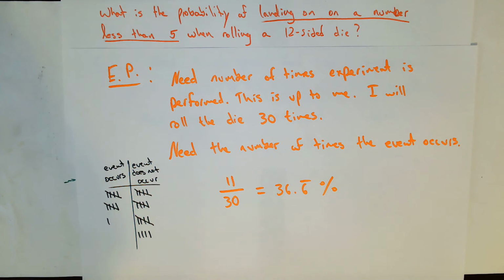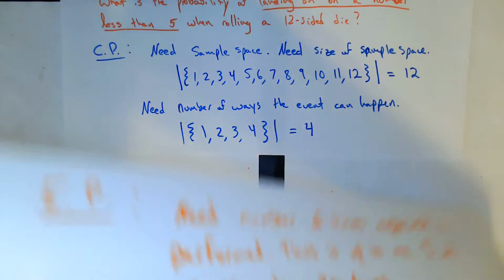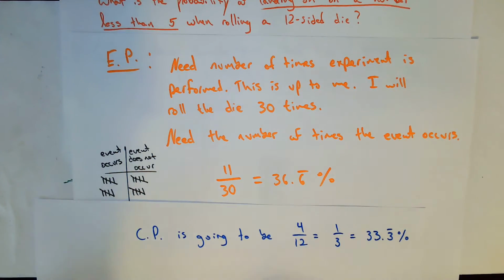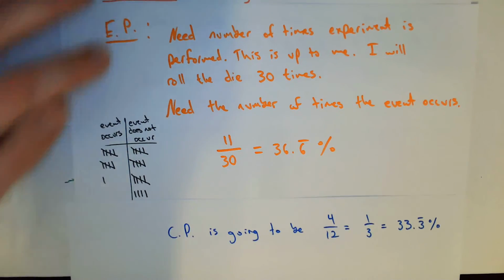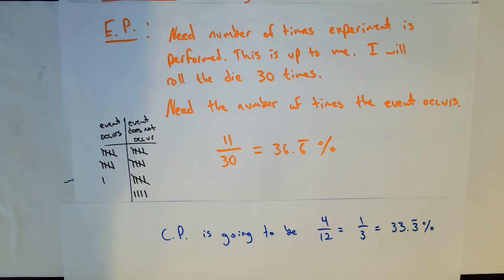So what is the point here? The point is, if you do your experiment enough times, then these two probabilities should theoretically match up. If I was to do like 300 rolls, then you would expect this number to get even closer to my theoretical or classical probability.